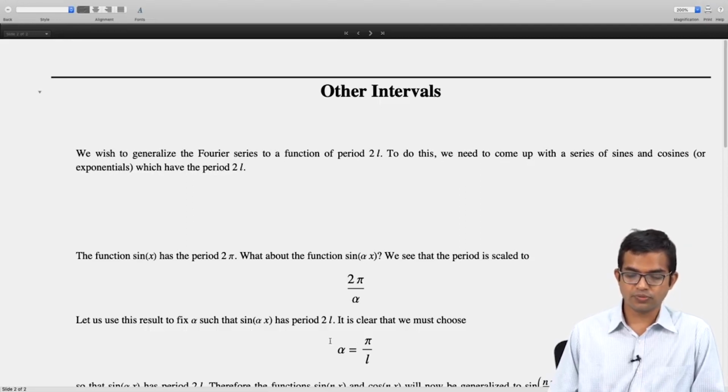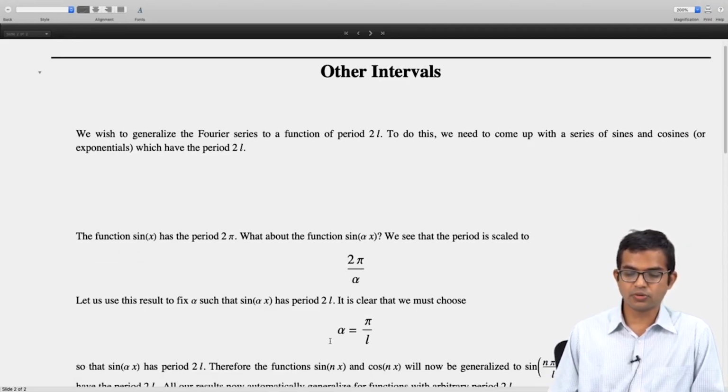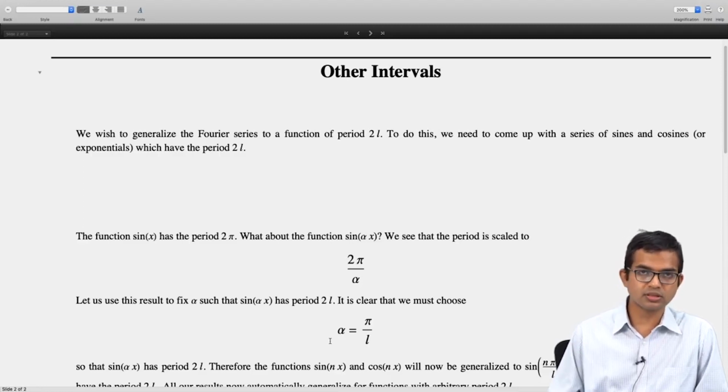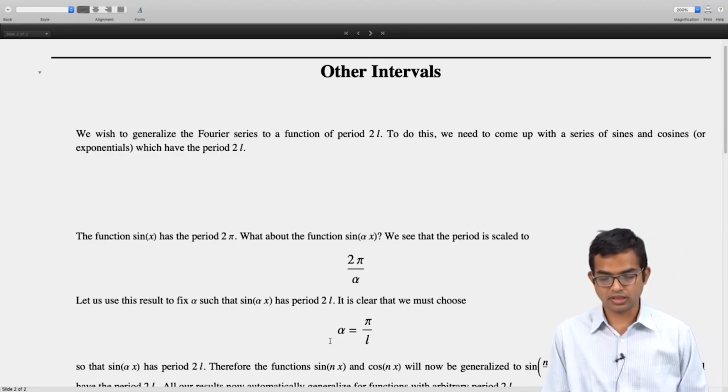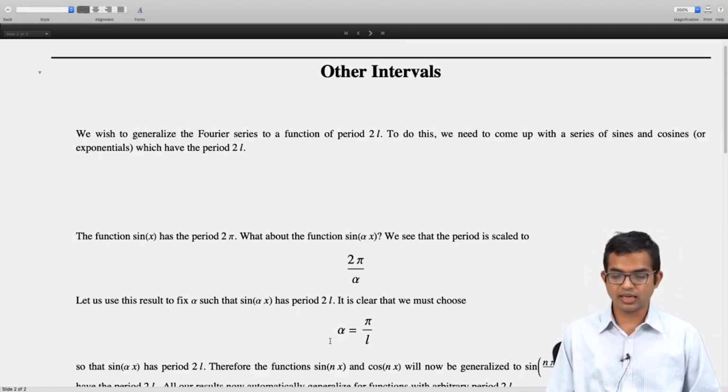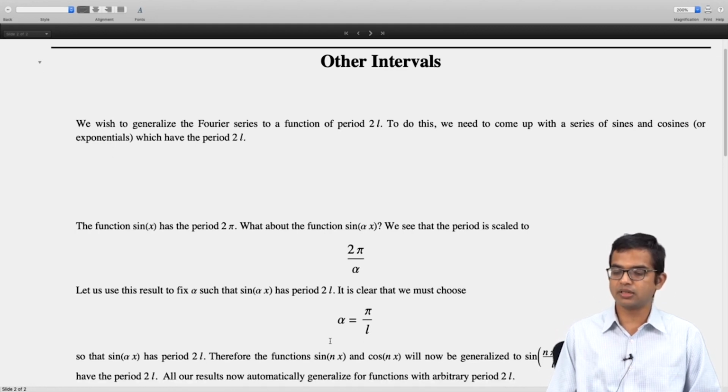If you choose alpha equal to pi by l, then sines and cosines with this factor included are going to have the right period of interest. Therefore the functions sine nx and cosine nx will now be generalized to sine of n pi x by l and cosine of n pi x by l.